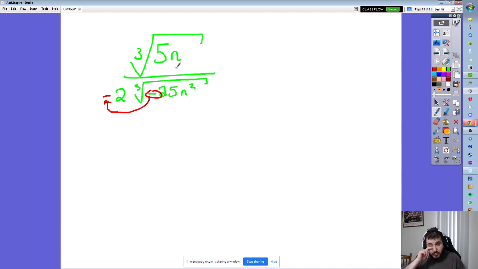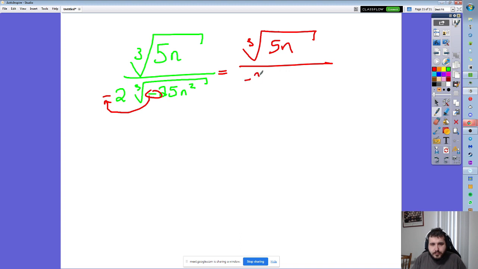Before we even bother doing any sort of simplifying, you could even take another step, write it out like this. All right, like that.